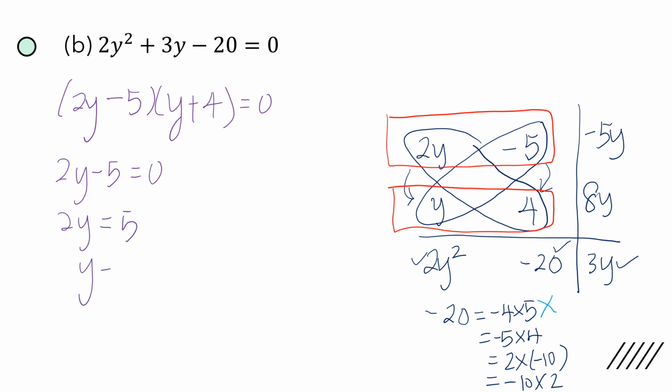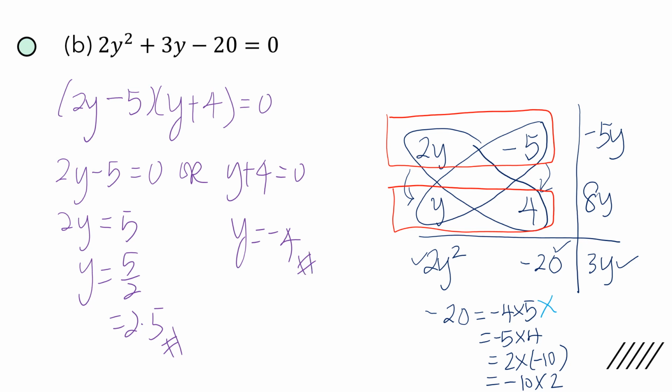Then you divide by 2 on both sides. So you get 2.5, one value of y. A second value will be y plus 4 equals 0. That gives you y equals negative 4. Because this is a quadratic equation, we should be getting two values.